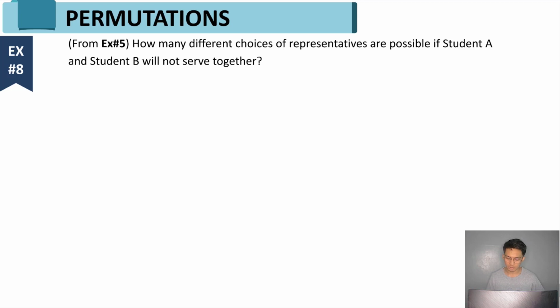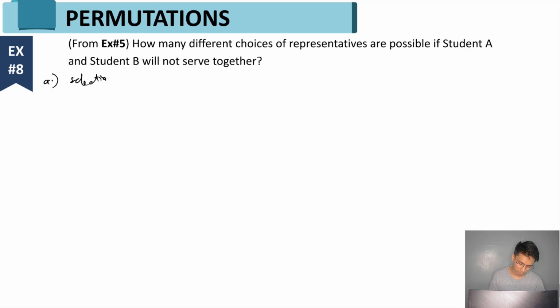So, mangyayari dito, we have 3 situations here. Unang situation, kapag ang papayagan nila ay si A kasi ayaw nga magsama ni A tsaka ni B. Papayagan nila si A, wala si B. Pangalawang situation, papayagan nila si B, wala si A. Pangatlong situation, dahil demanding yung dalawa, madaming condition, tinanggal na lang silang dalawa.